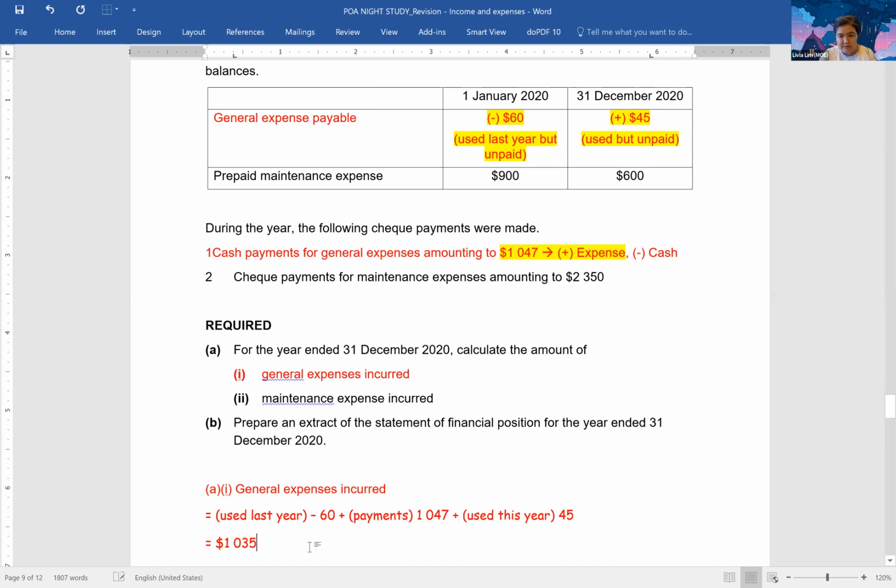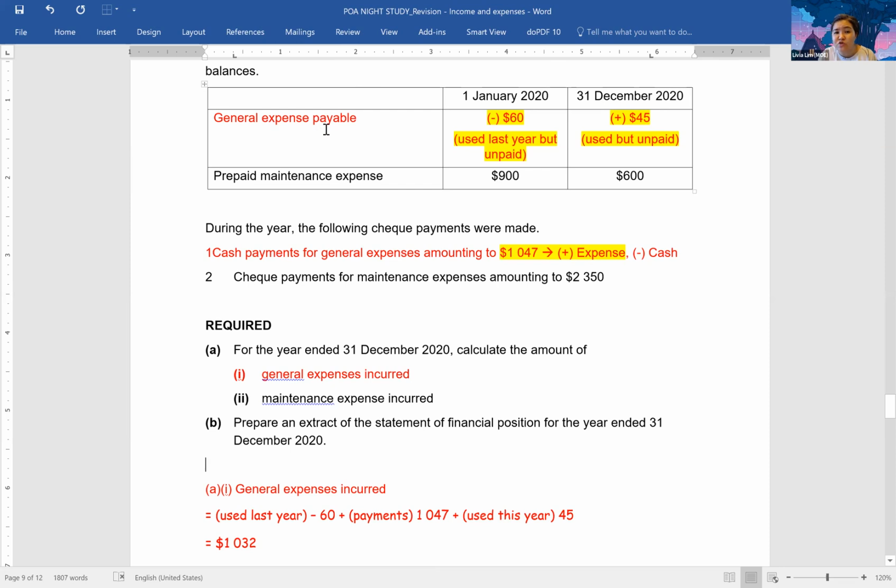Oh, correct. 1032. Okay. All right. So finally, you plus $45. Why? Because you use it this year but unpaid. So if you use your calculator, the general expenses that's incurred is 1032.